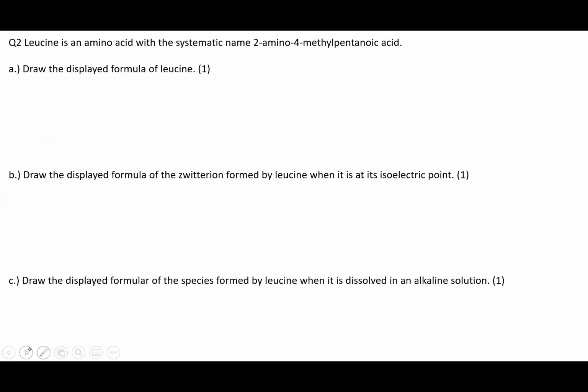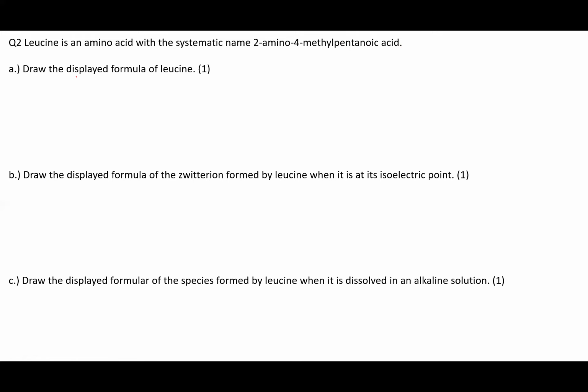So leucine is an amino acid with the systematic name 2-amino-4-methylpentanoic acid, and you're asked to draw the formula of leucine. So we can see how long the carbon chain is going to be because we've got pentanoic acid in here. So that means our longest carbon chain is going to be 5 carbons long.